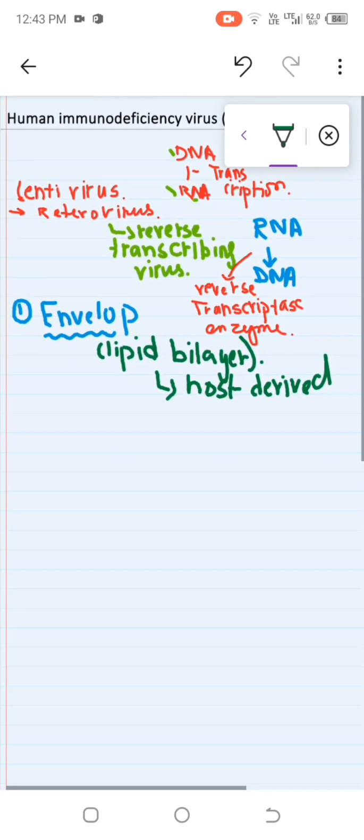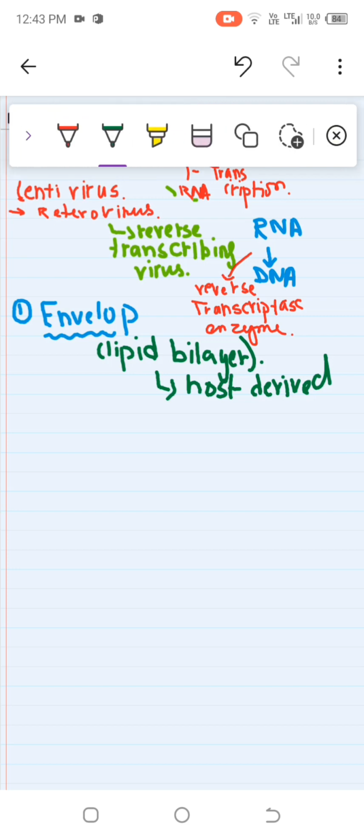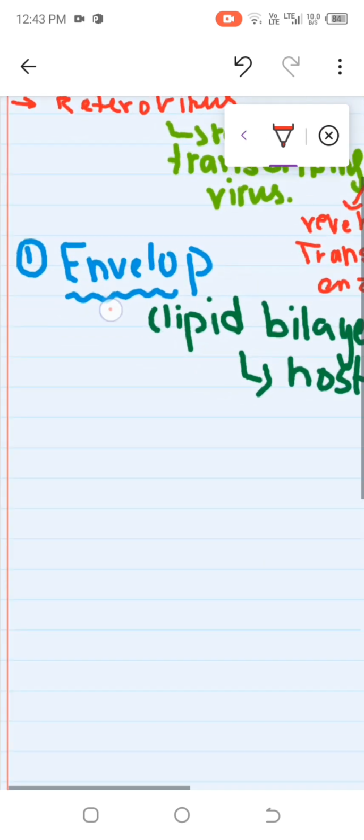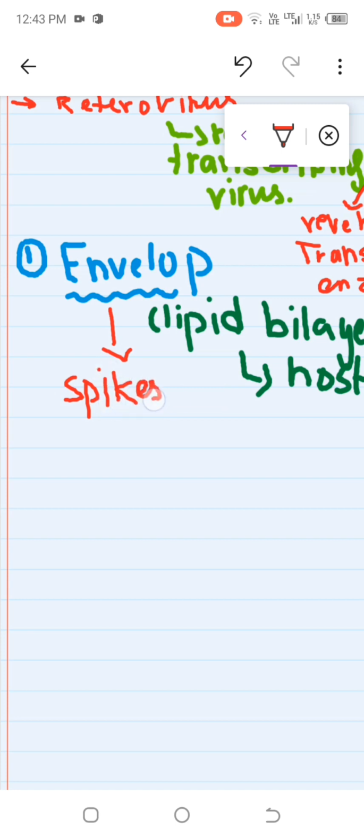Now this envelope contains spikes. Spikes are basically glycoproteins. One is embedded in the double membrane layer and the other is outside of the double membrane layer.